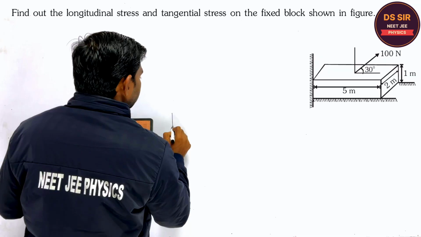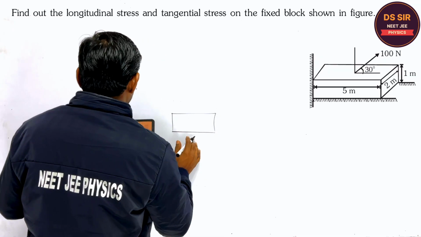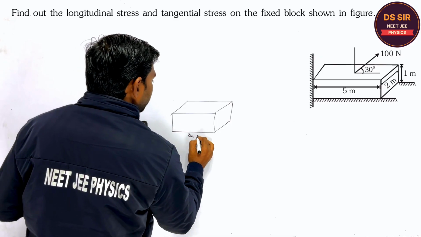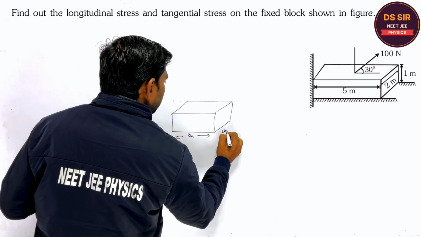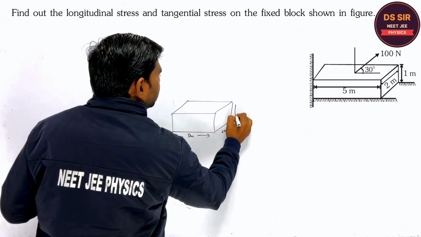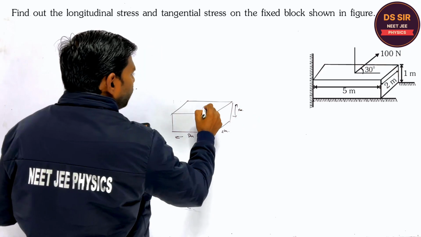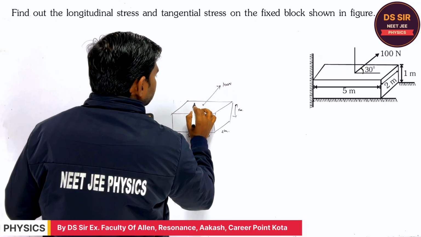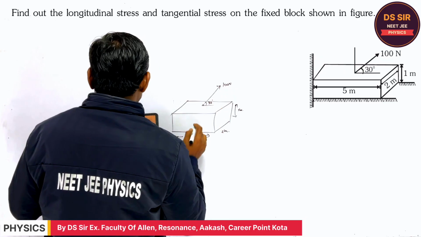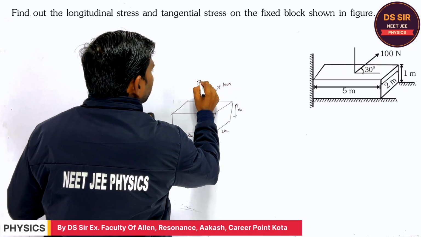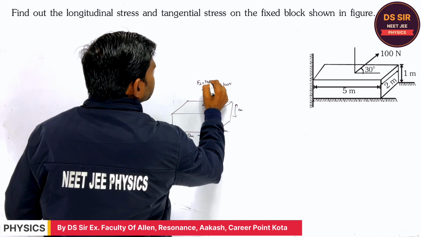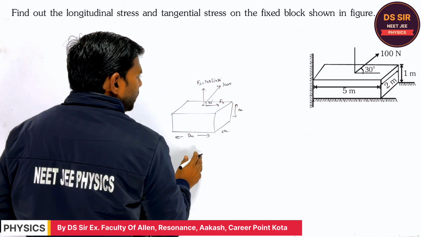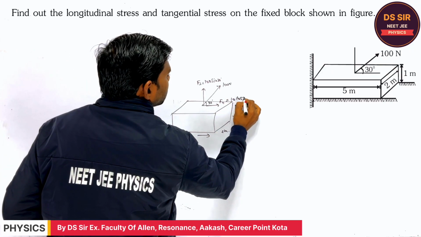Suppose this is the cuboid, and the faces are given as 5 meter and 2 meter, and the height is 1 meter. A force of 100 Newton is applied on this surface, and this angle is assumed to be 30 degree. So this is the F perpendicular, which is equal to 100 sin 30, and this is the F parallel, equal to 100 cos 30.